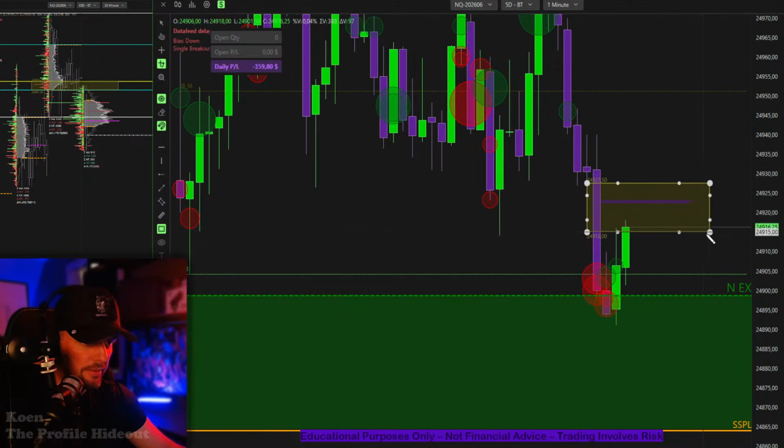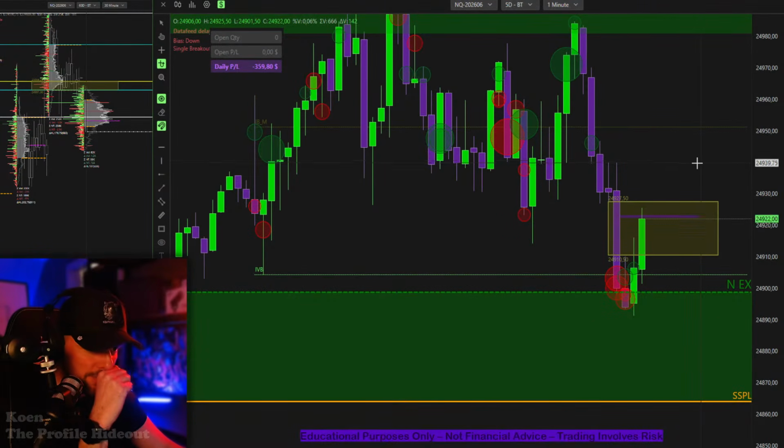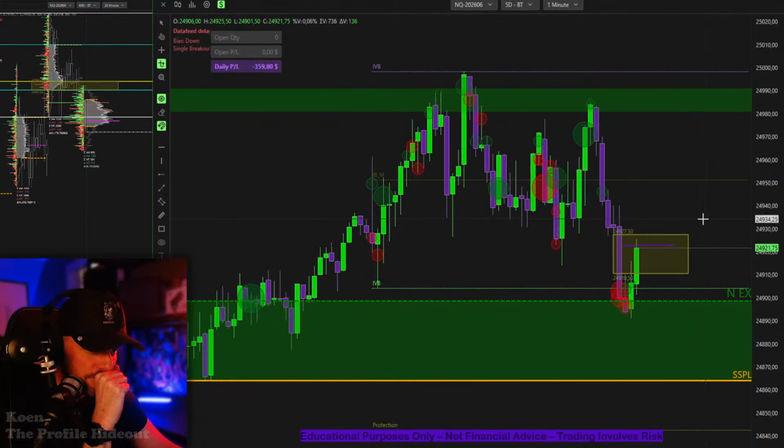Let's see how she respects this one. Because this is where the buyers were most aggressive in the overnight though, so would make sense. At the same time, it still hasn't swept even the overnight low.